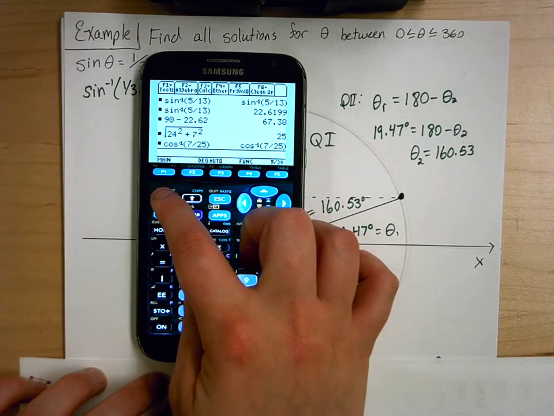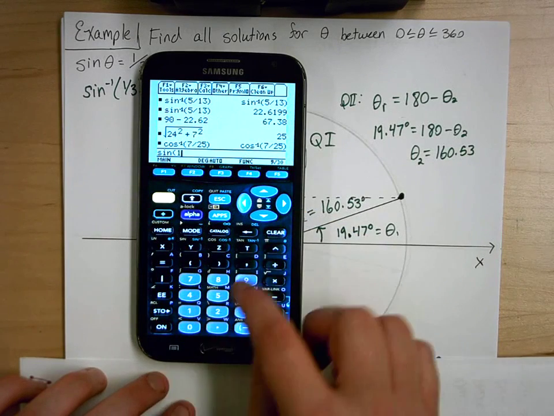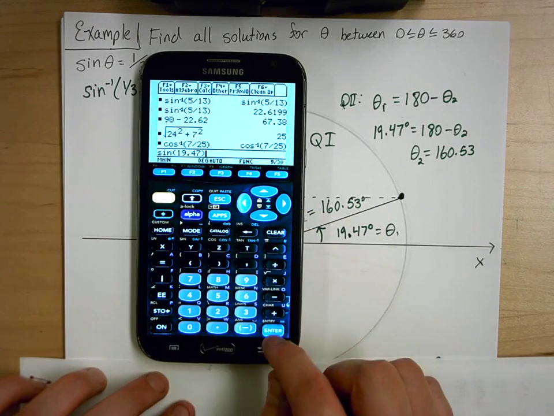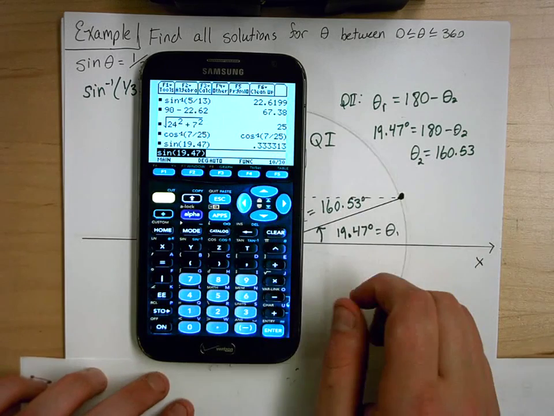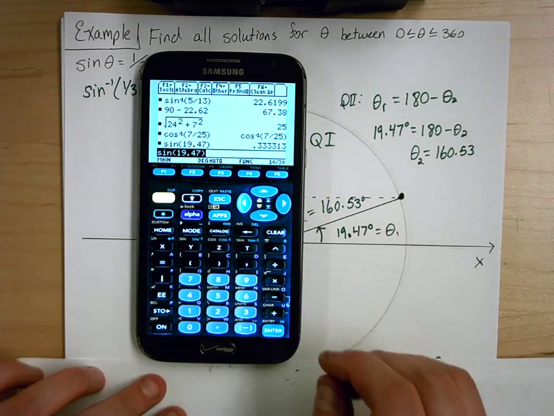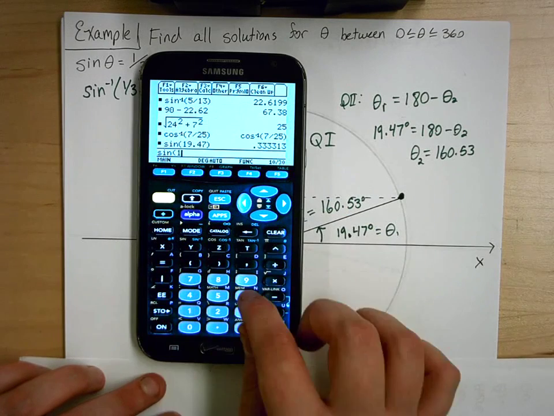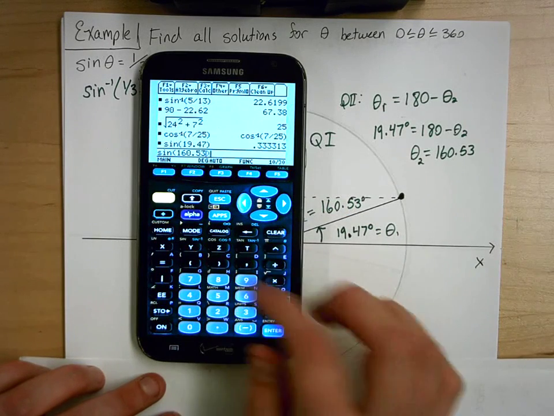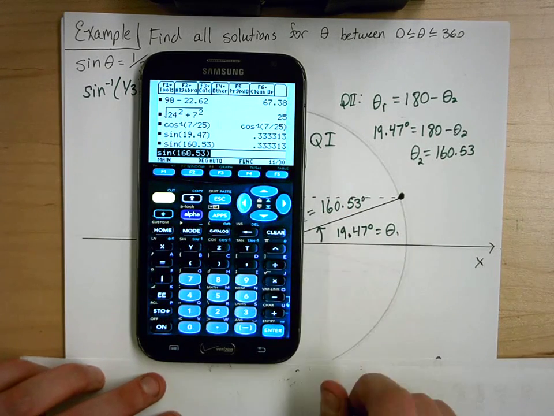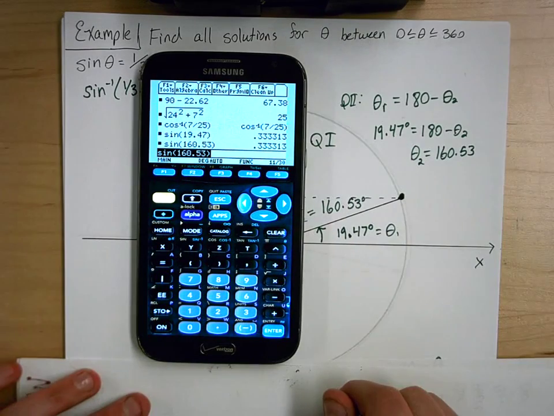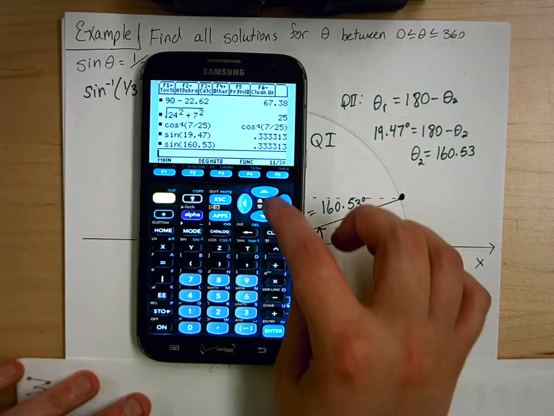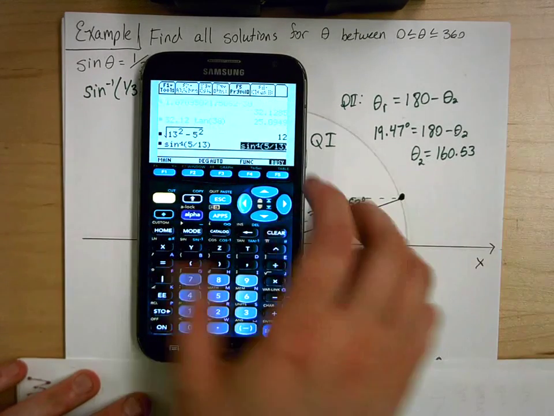So let's go ahead and do sine of 19.47, and we get 0.33313, so that's about 1/3. So that's good. Now let's try sine of 160.53, and we also get 0.33313. So both of those work out. So that's great.